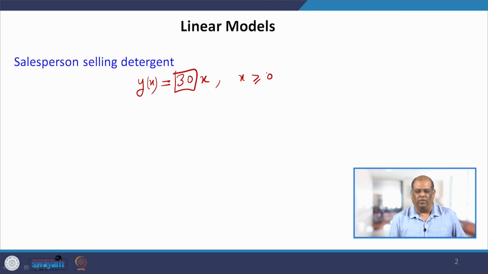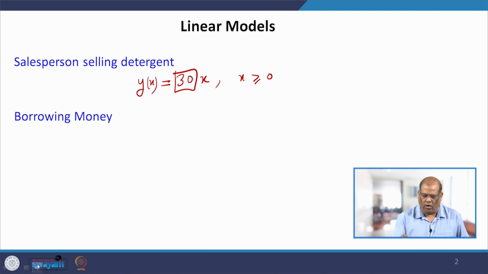Let us take another quite simple model. Say you borrow some money from a friend and you want to repay him. You say, okay, I will give you 200 rupees every month. So, you have borrowed 1000 rupees, you want to repay him 200 rupees each month.